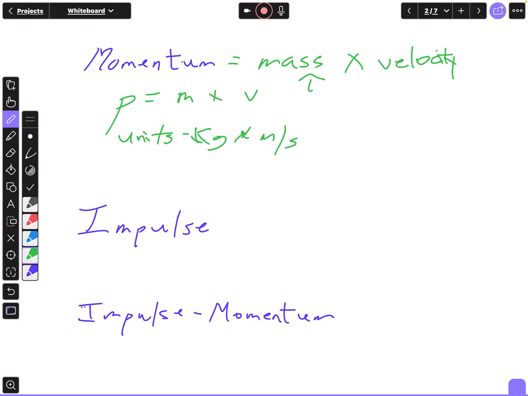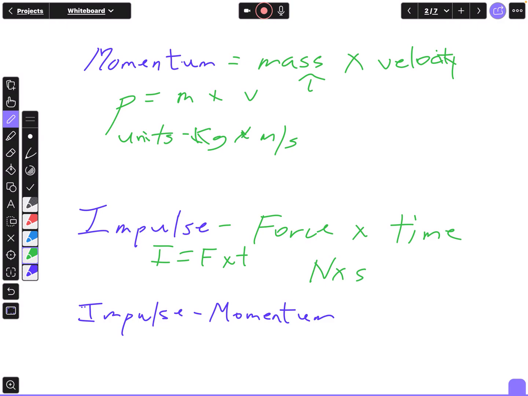Now, another concept we talked about was impulse. We define that as the product of the force applied to an object and the time interval. Multiply those together. So the equation for impulse is I equals F times T. The units for impulse are Newton seconds, Newtons times seconds.